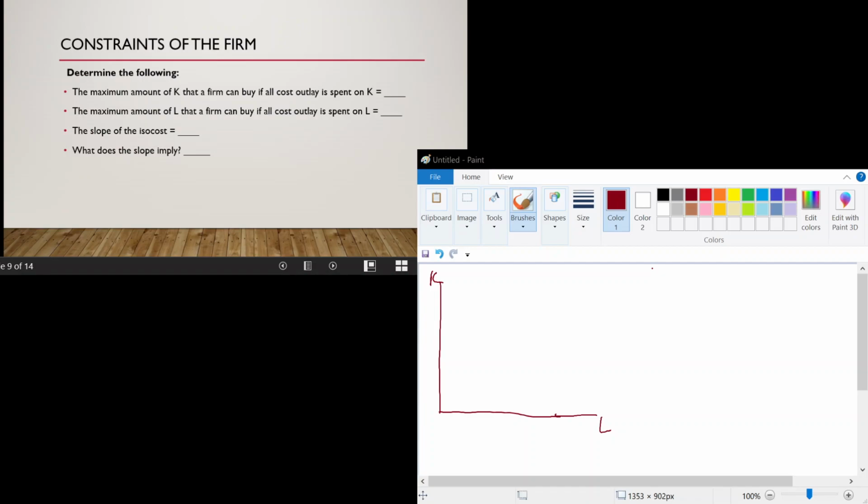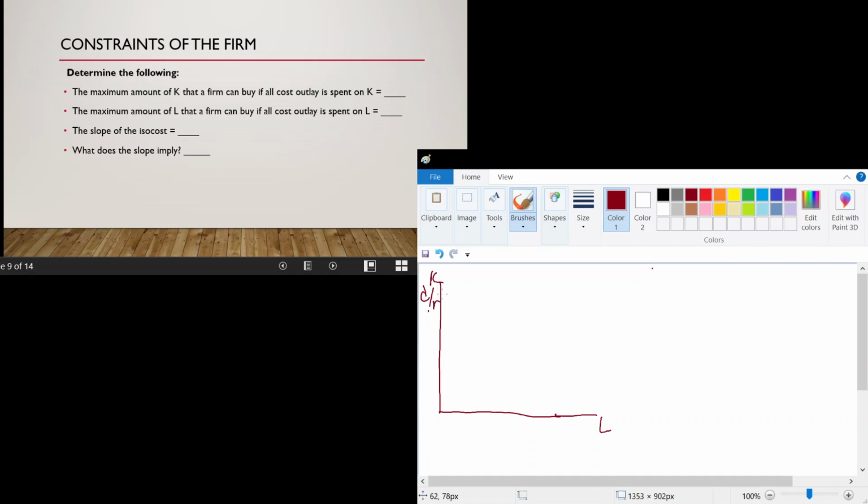Okay, so the maximum amount of K that a firm can buy if all cost outlay is spent on K. So parang yung maximum amount din to ng good na mabibili mo if you spend all your budget in good X, for example. So in this case, yung maximum amount of K that a firm can buy if all cost outlay is spent on K can be solved by dividing yung C by rent.